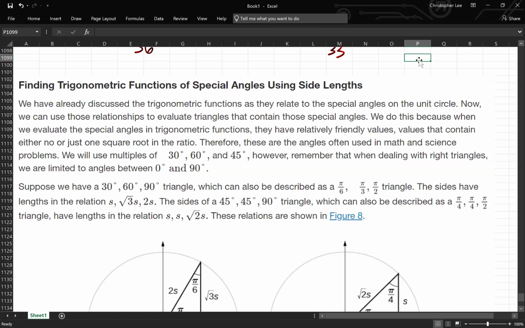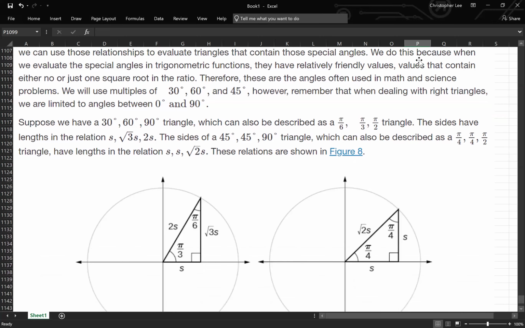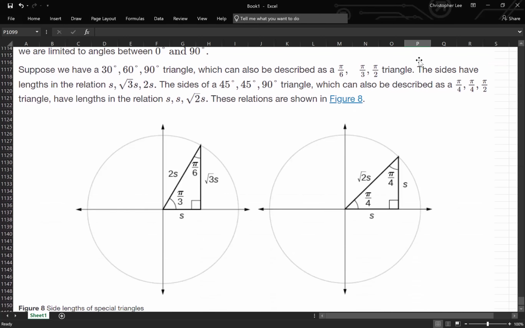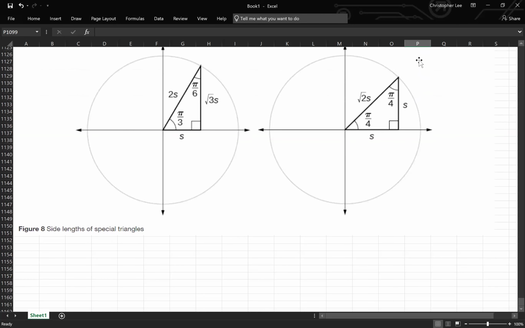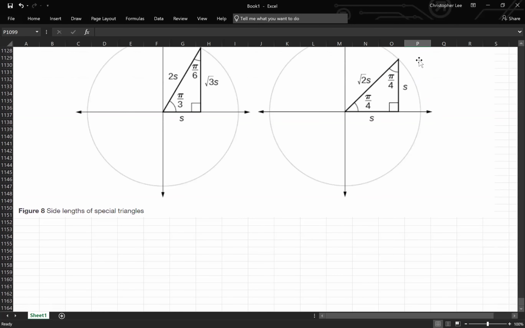The sides of a 45-45-degree triangle, which can be described as a pi over 4, pi over 4, and pi over 2 triangle, have lengths in relation to s, s, and the square root of 2s, right? And then these relations are shown below, right? So there you go. Let me elaborate on these just a little bit.